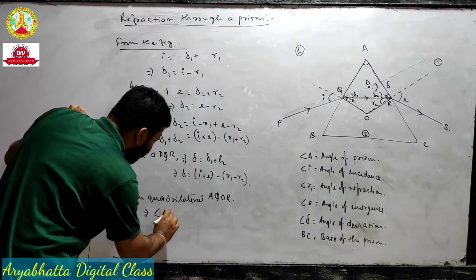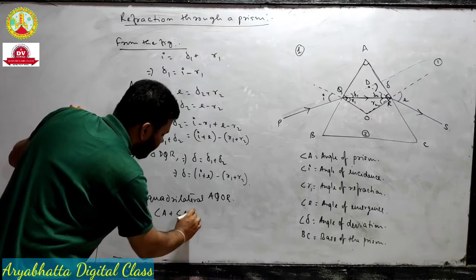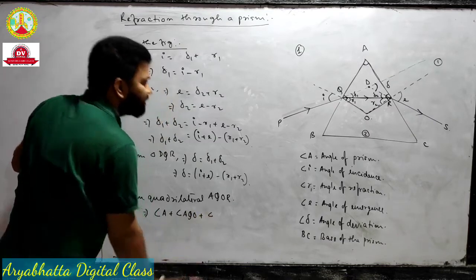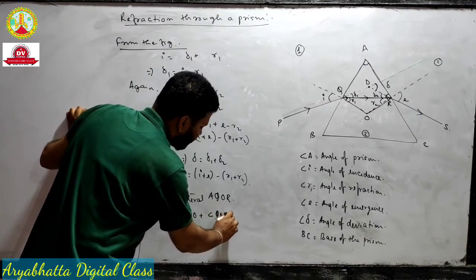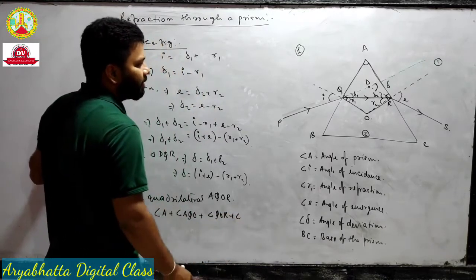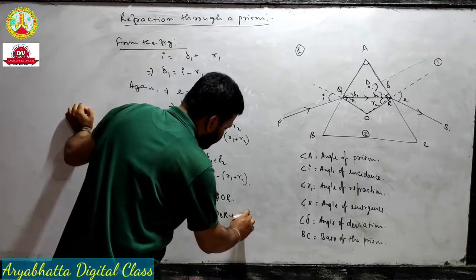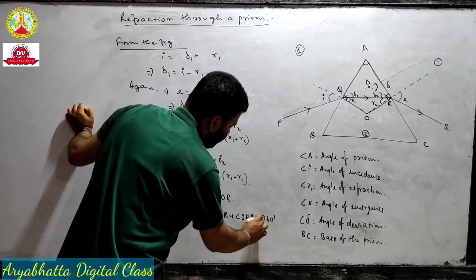So angle A plus angle AQO plus angle QOR plus angle ORA is equal to 360 degree.